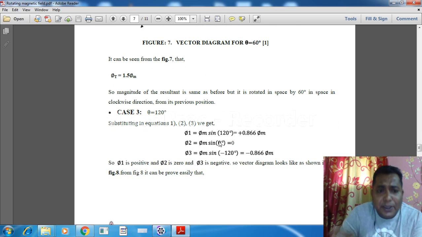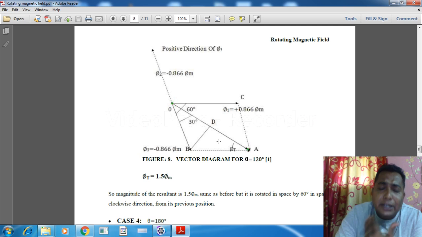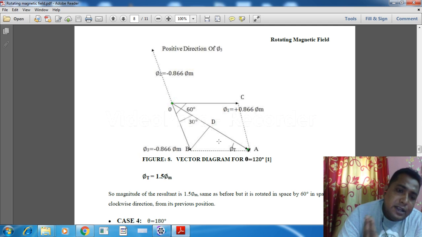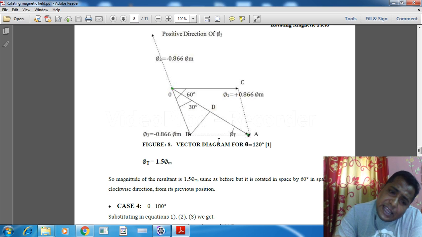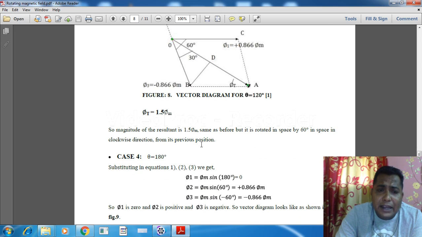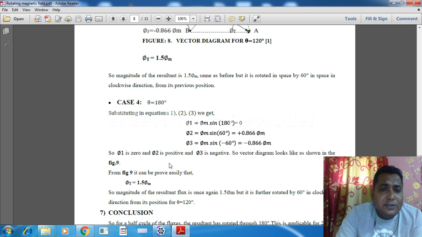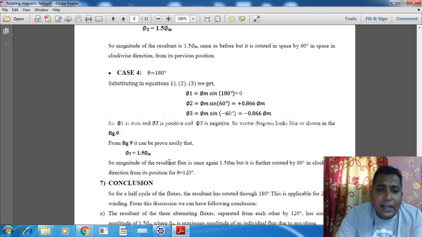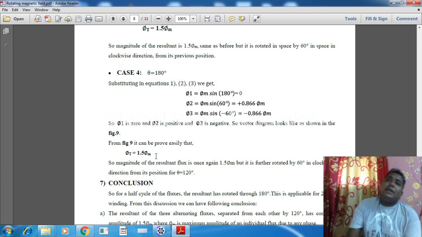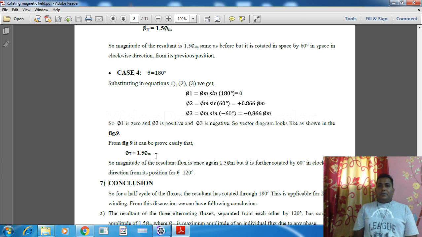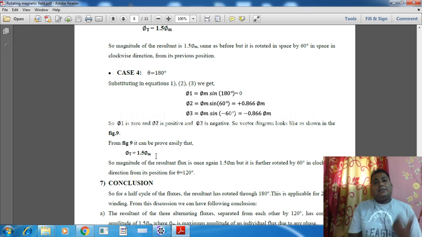Like this, if we continue at 120 degrees, 180 degrees, 240, 300, 360, everywhere we are going to find the same. Just let me check. Case 4, theta is 180 degrees, and at that time also the value is 1.5 phi m. That means it is a very important point that the resultant flux is 1.5 times the maximum flux.